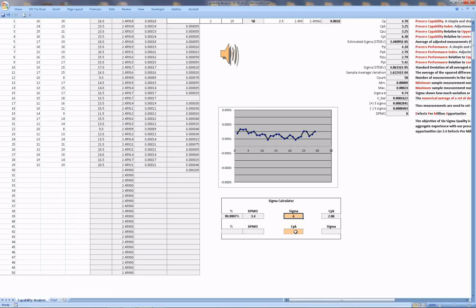For example, if we wanted to put in a standard 1.33 CPK, I will enter that under CPK, and as you can see, that will calculate out to 3.99 sigma, and you end up with 6,387.2 parts per million, and what percentage that would equal.